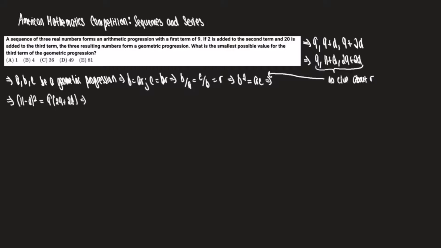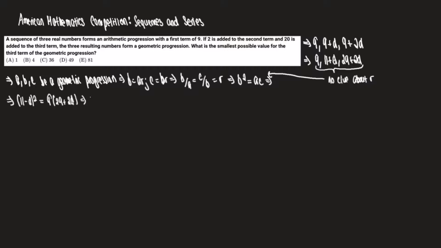Now you have a quadratic, so you can maximize it by getting the smallest D value and then plugging it into 29 plus 2D. Pardon me, and that will give you your smallest third term. So 11 minus D squared.